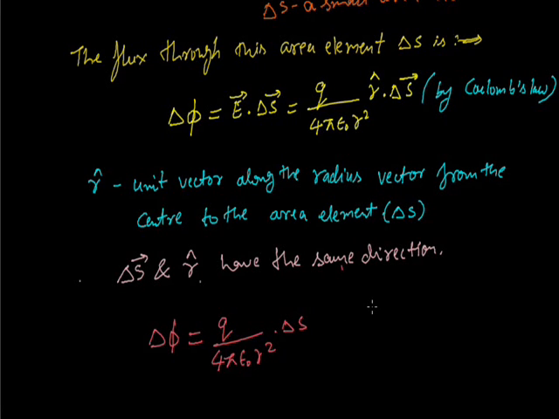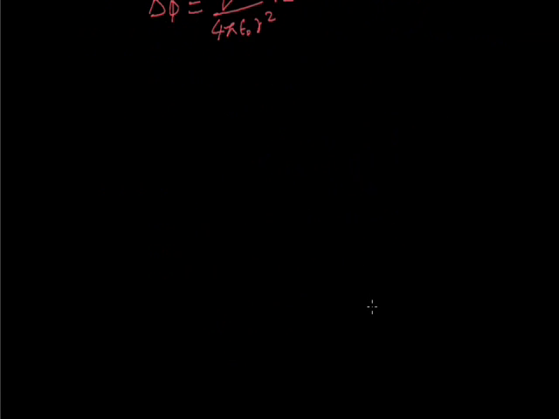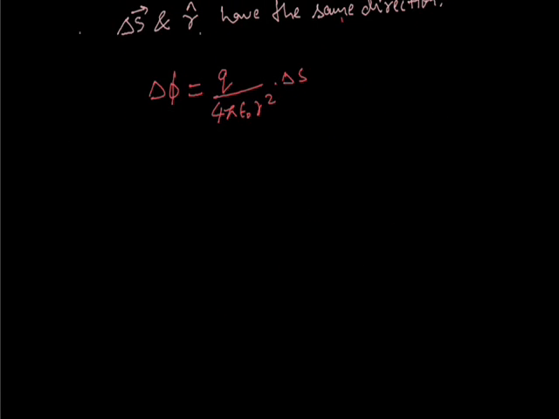Now the total flux through the sphere is obtained by adding up the flux through all the different area elements. We can write the total flux phi as sigma over all delta s of q upon 4 pi epsilon naught r square into delta s.